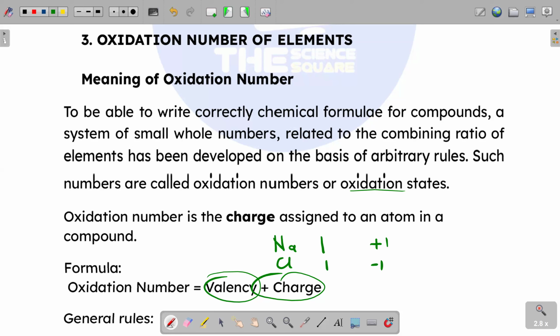So generally speaking, most metals used to have positive oxidation state, while non-metals used to have negative oxidation state. Okay, now let's look at some general rules that need to be considered when dealing with oxidation state and oxidation number.